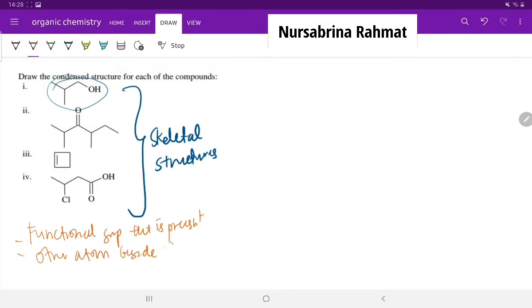Only special types of atoms will be shown in your skeletal structure, because carbon and hydrogen are basic atoms that make up an organic compound.